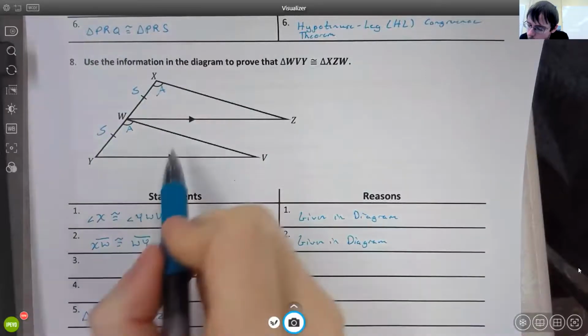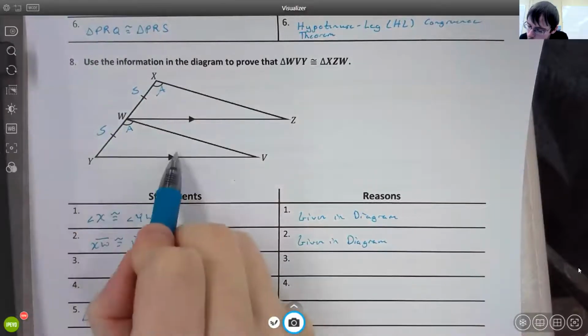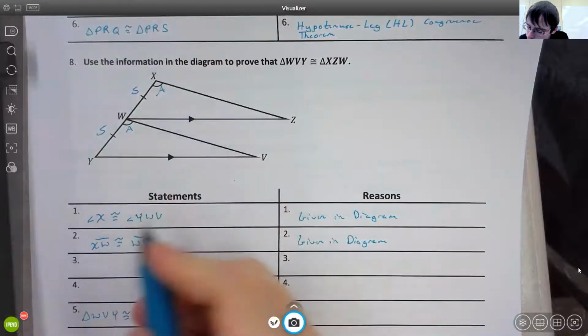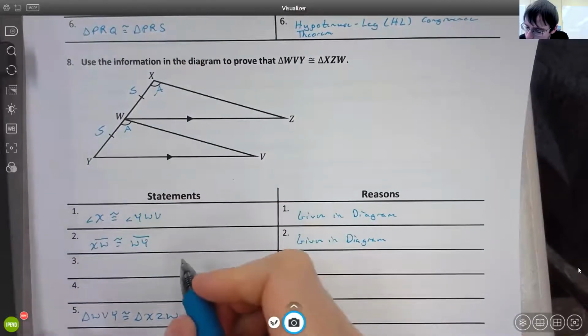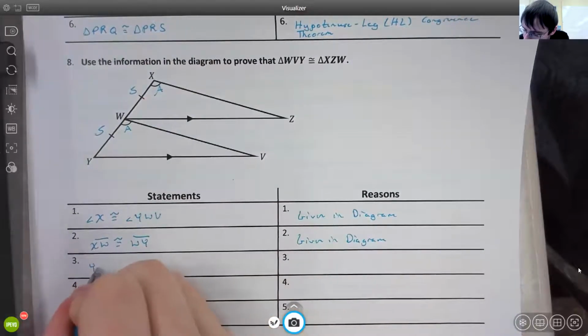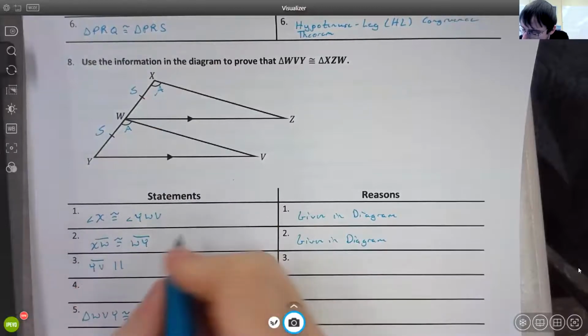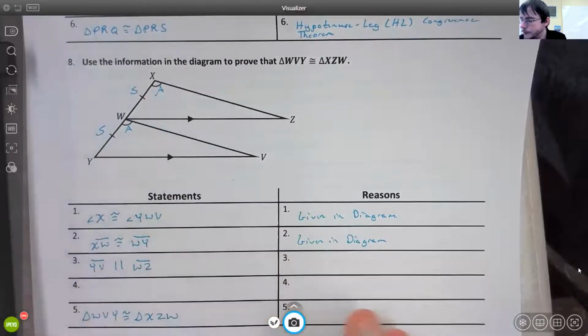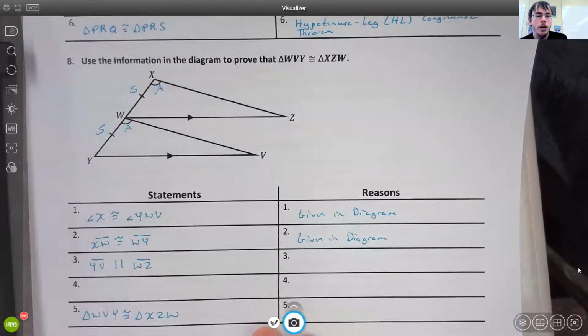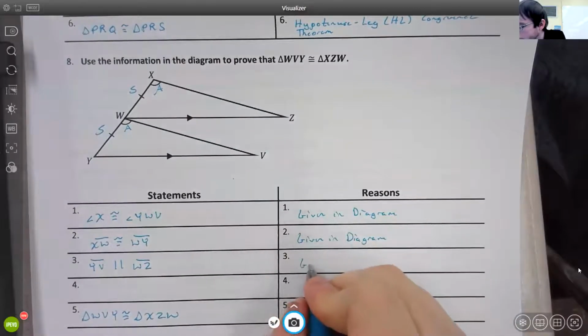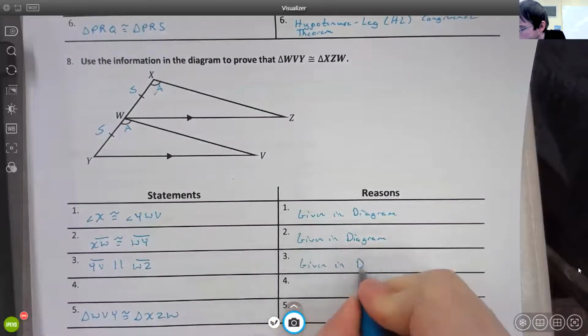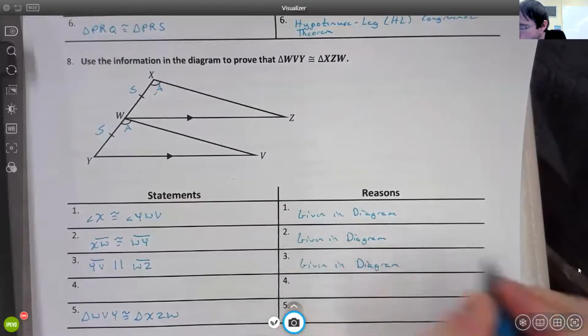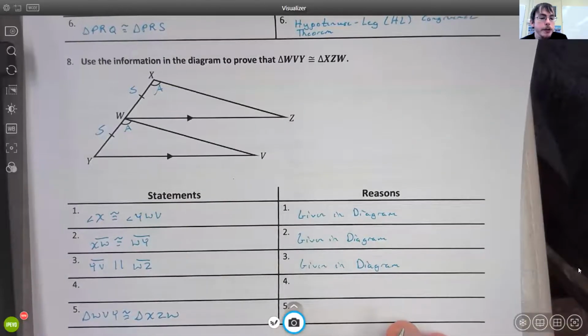Well, next up we see the two triangles here, so we know that these two lines are parallel. So YV is parallel to WZ. And this is given in the diagram as well. So we still need to find one piece of information.